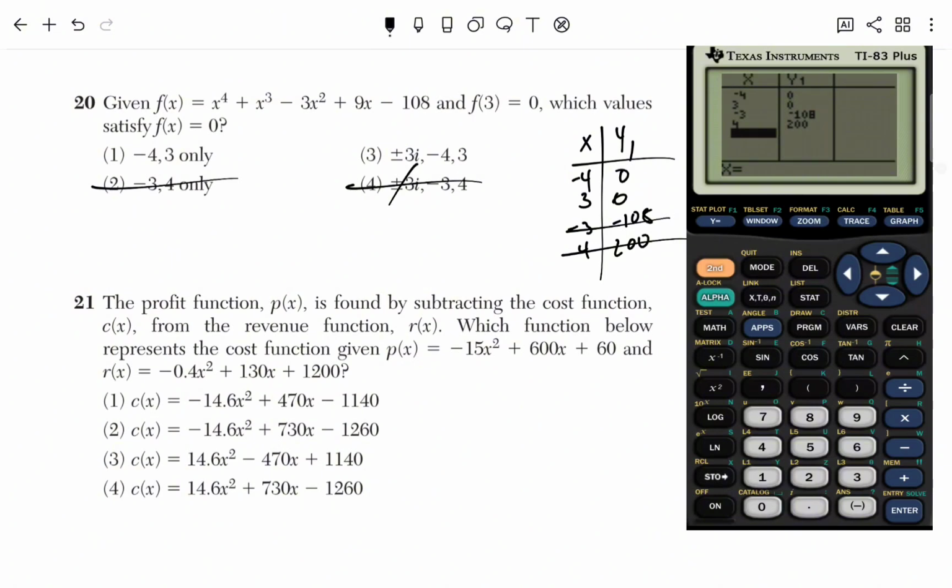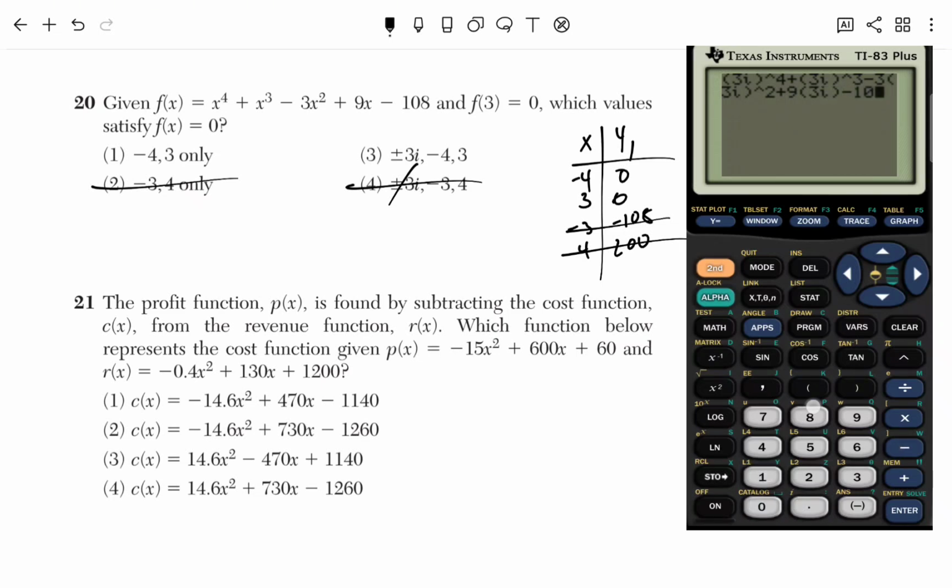Here's what you're going to do. You're going to use your calculator for i. In your calculator, you're going to do 3i to the fourth plus 3i cubed minus 3 times 3i squared plus 9 times 3i minus 108.